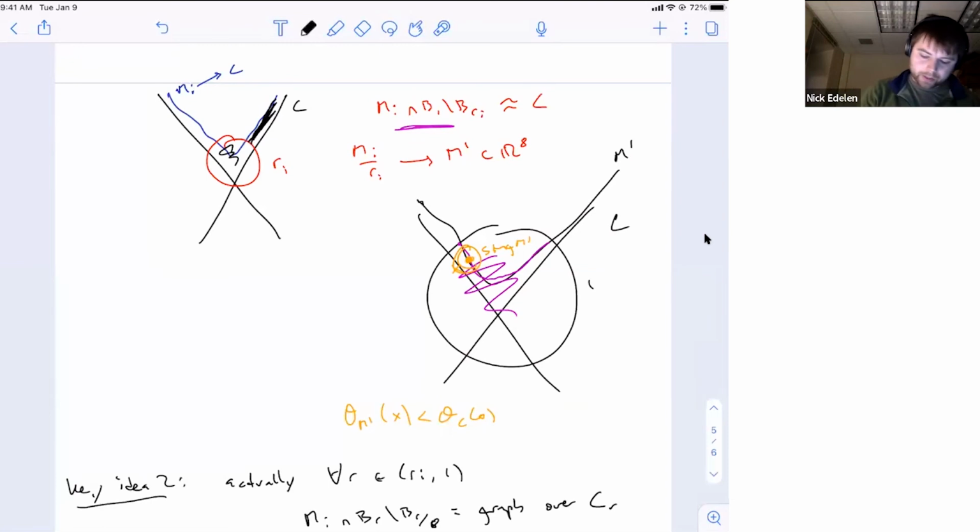So you glue this piece into this piece and the piece out here. In some sense, your gluing map is the map which takes the link at this scale to the link at this scale. And if your cones are purely rotating, then you can arrange this map to be a small perturbation of rotation, and there's not really any problem.